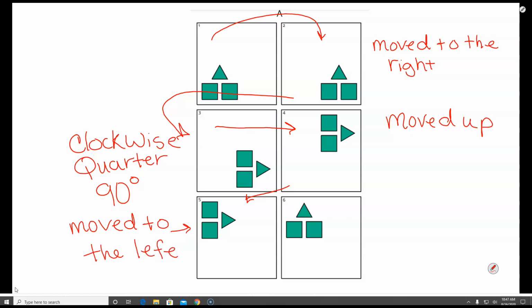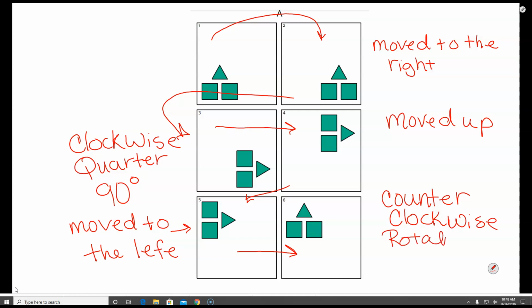All right. Then from 5 to 6, what happened? It did a spin, but which type of spin did it do? It looks like it went backwards, so that's going to be counterclockwise. Rotation, or if you call it spin, that's fine too.